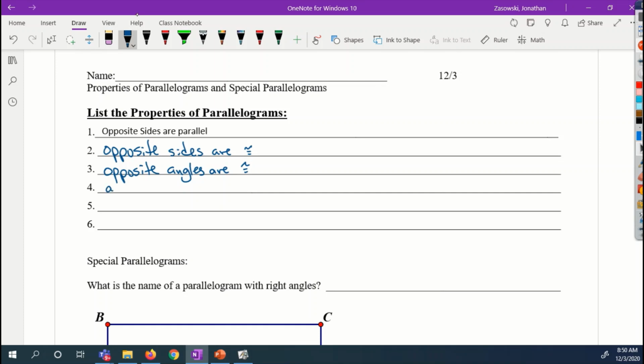We have adjacent, or the word we used actually instead of the word adjacent was consecutive. But the angles that are next to each other inside the parallelogram, okay, are supplementary, so they add to 180 degrees.